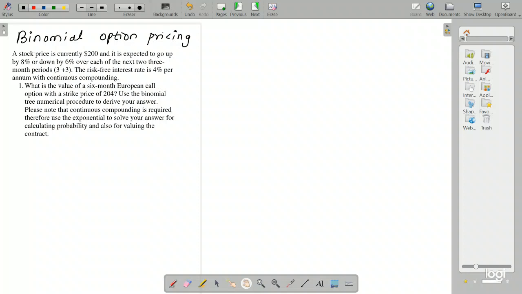So we will look into what the nature of the option is, and which step will help us in identifying whether it is a single-period binomial model or a multi-period binomial model. So I would request you to follow the question that I'm going to solve with you, and let's get started.